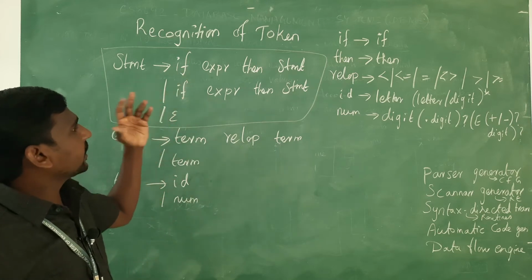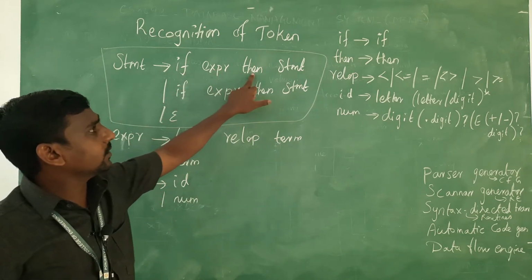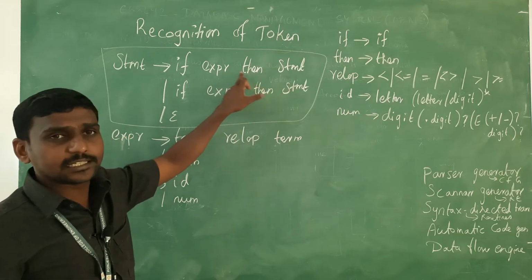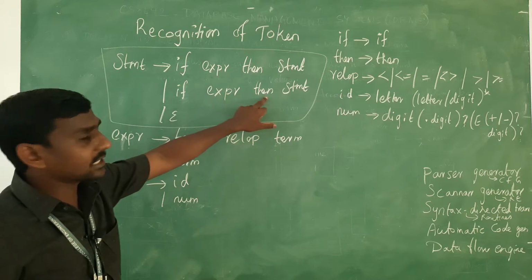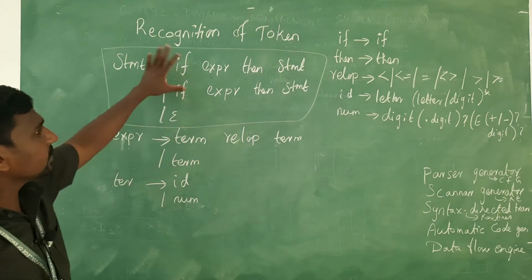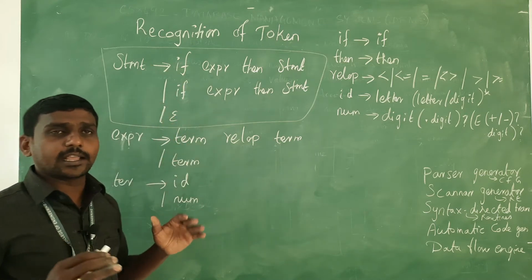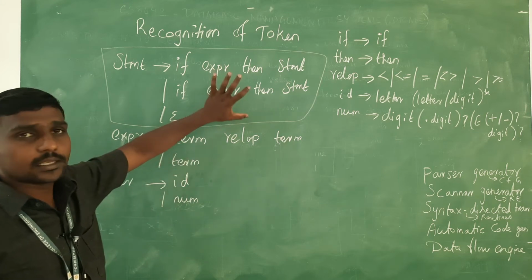Here, if is a terminal, expression is a terminal, then is a keyword, and epsilon is a terminal. So a token is recognized by using the grammar.